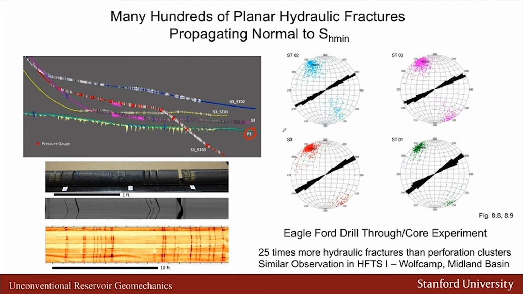The hydraulic fracture is always going to want to propagate perpendicular to the least principal stress. In a moment, we'll see something very similar in the Midland Basin from the HFTS experiment, the Hydraulic Fracturing Test Site experiment in the Wolfcamp Shale of the Midland Basin.